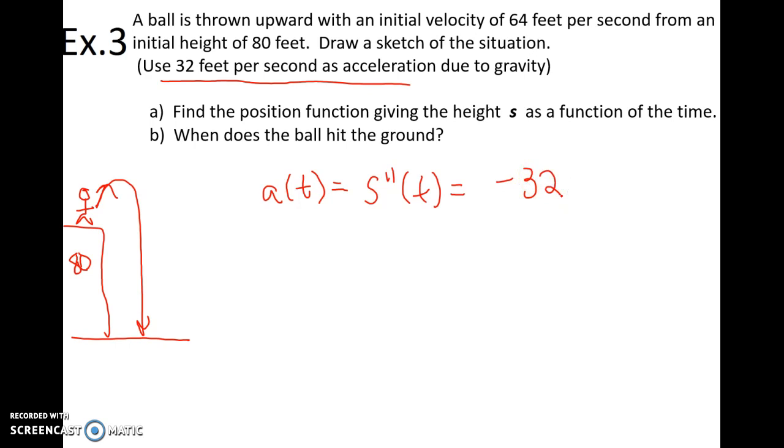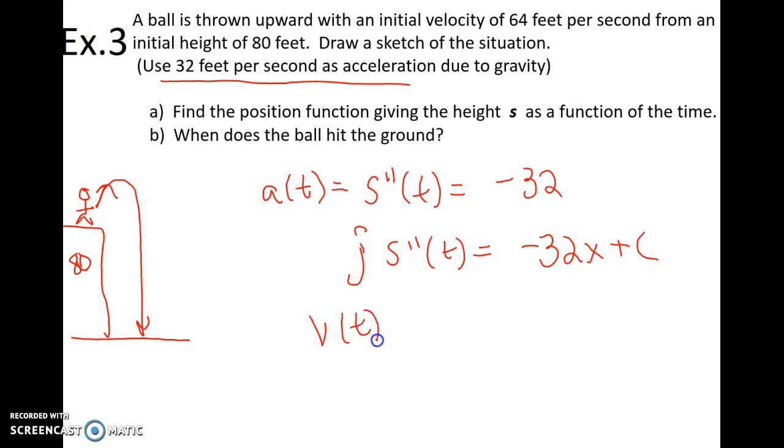So now let's work backwards. We can integrate the acceleration function, or the second derivative of the position function, in order to figure out the velocity function. So I'm just going to add my x. Don't forget plus c. Now this is my velocity function, or the first derivative.